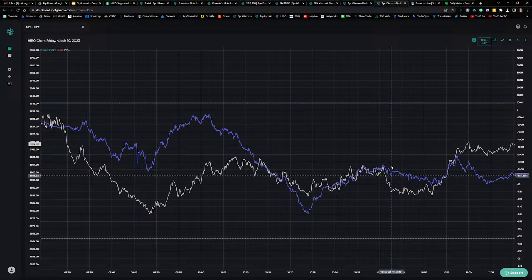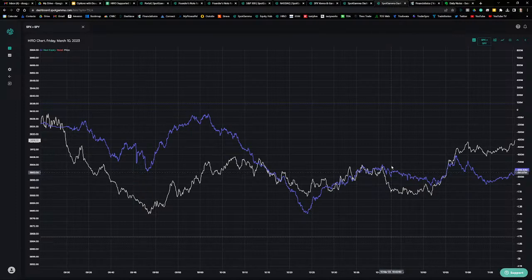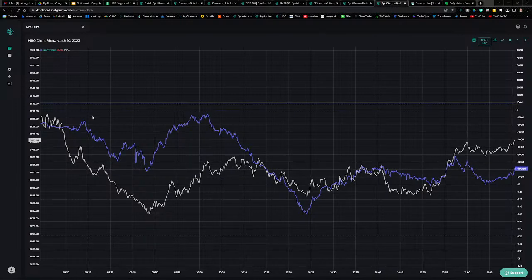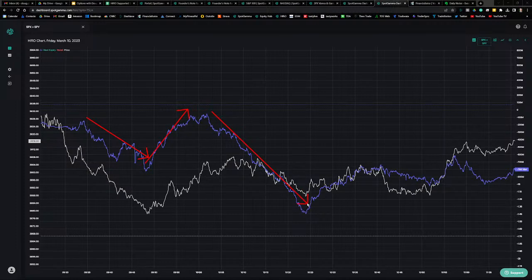And what this is showing, and we'll look at these 0 DTE options as well, which also provides a clear picture. And this is showing that options traders here were taking negative delta positions, positive delta, negative delta, and notice when they're doing that.